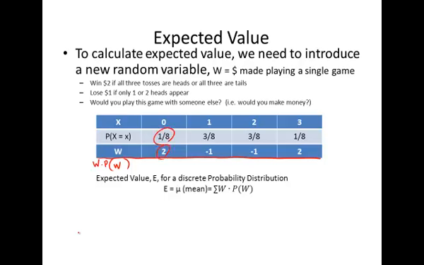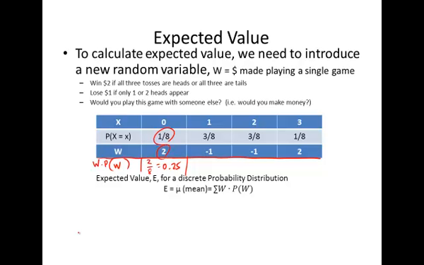Since we're talking about money, we should probably use decimals. So 2 times 1/8 is 2/8, which is 1/4, which is 25 cents, or 0.25.